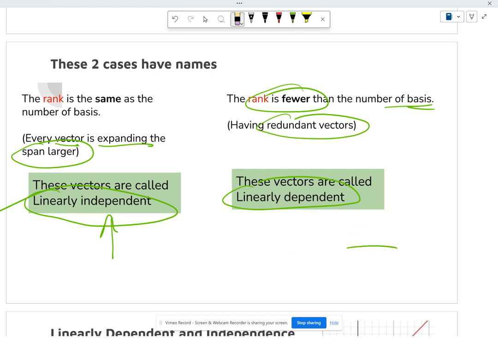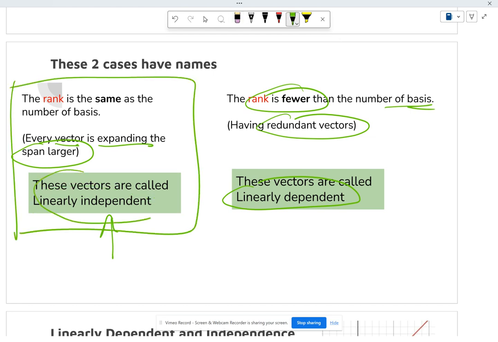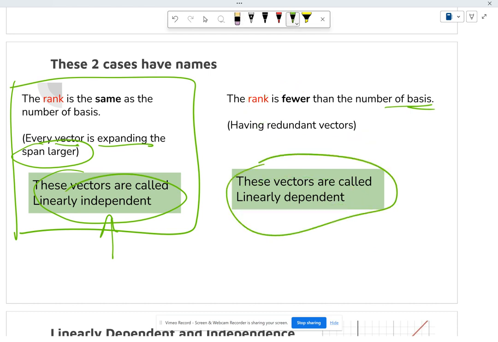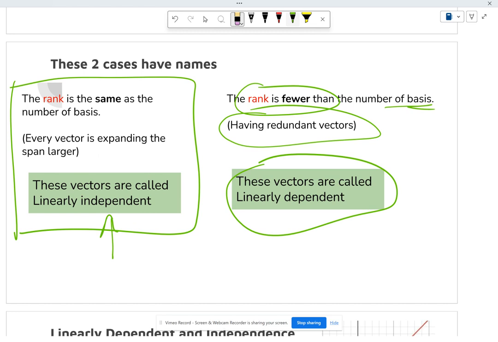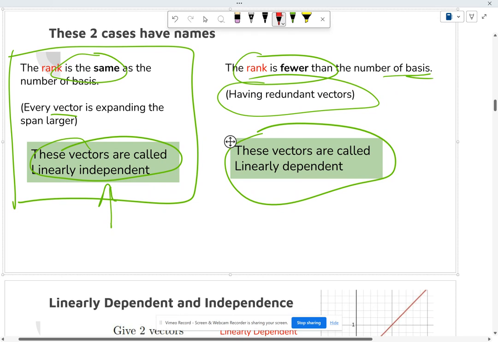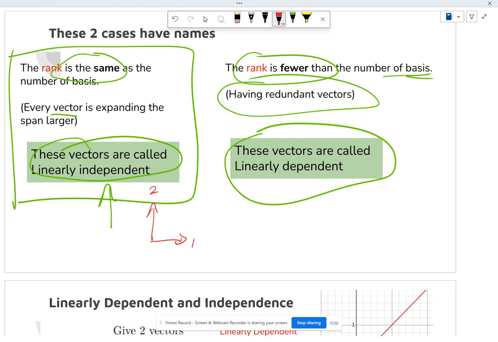I don't think that picture helped. So yeah, this is what you need to remember. When is it independent and when is it dependent? Okay. Dependent is when the rank is fewer and you have redundancy. And independent means that the rank is the same and every vector is expanding the span larger. So this is interesting because if you have vector 1, vector 2, these two are independent because you have two vectors and it spans two dimensions and the rank is 2.